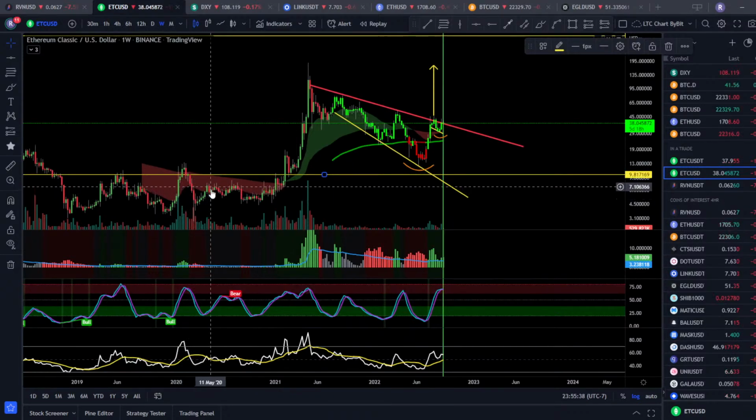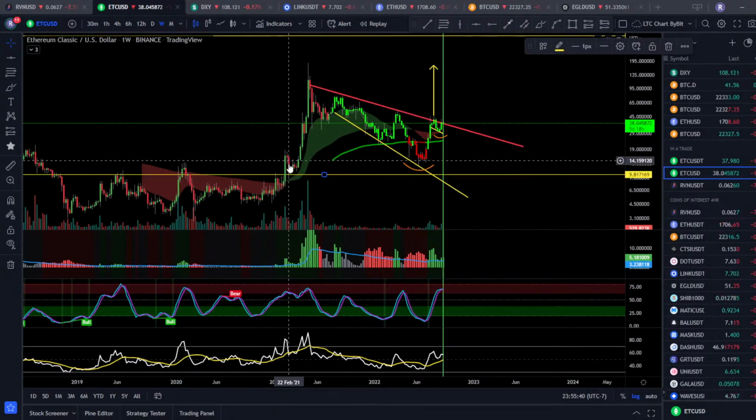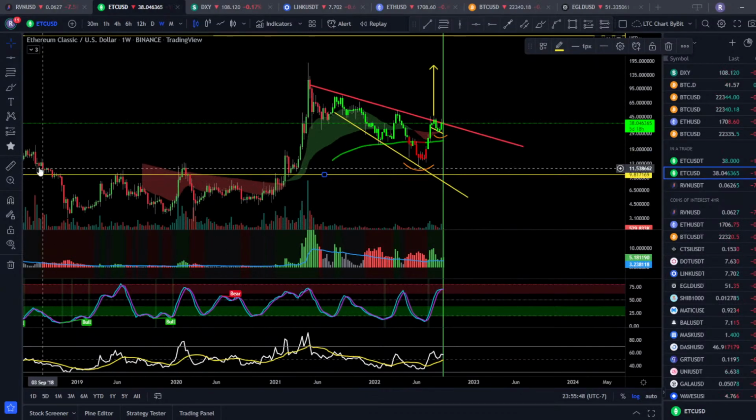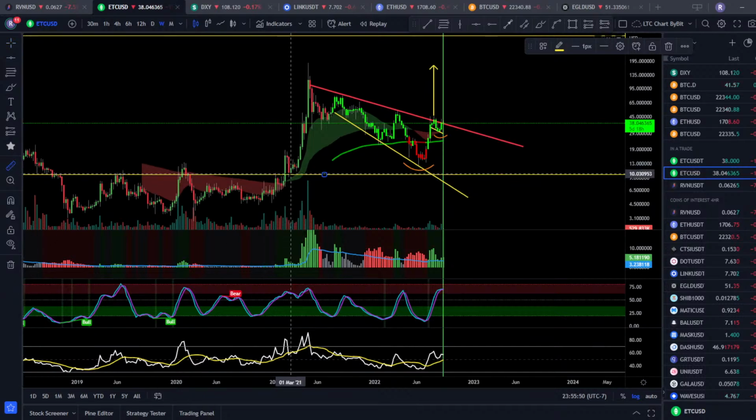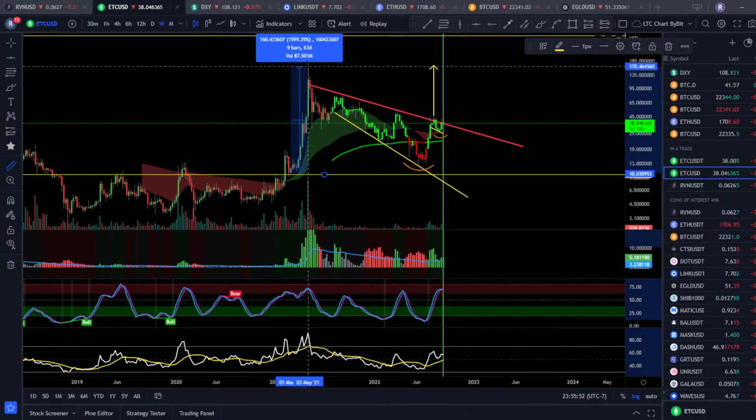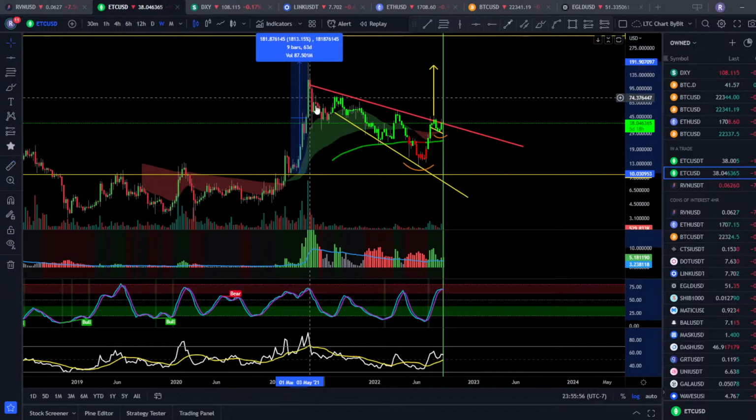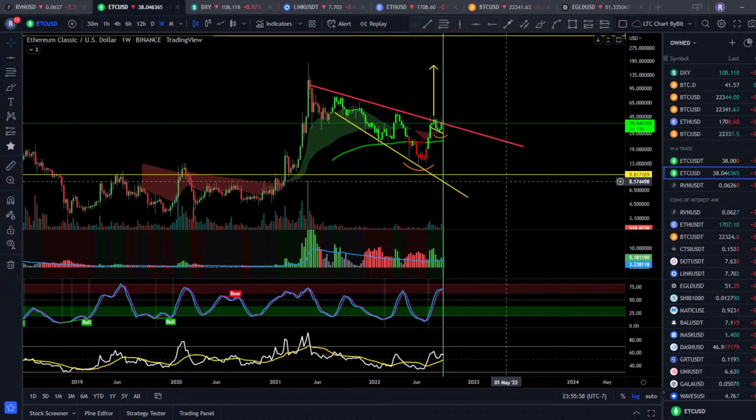And then we went sideways, and then we finally broke out, came back down. This would actually be the better retest right there, because this is the weekly. So that's a weekly candle that came in and retested. Massive run up. This is incredible. From right here to the top, 1,800% in 2 months. That's crazy.